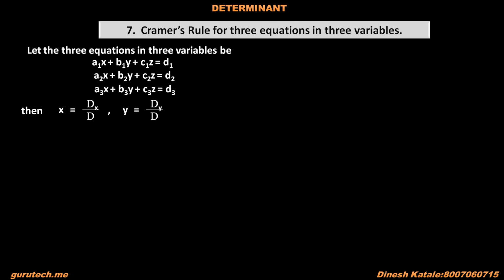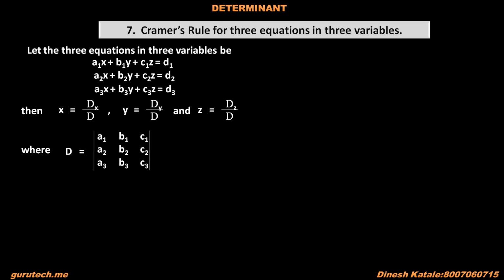y is equal to dy upon d, and z is equal to dz upon d, where determinant d, which is the denominator in solution of each variable, is equal to the determinant in which first row is a1 b1 c1.